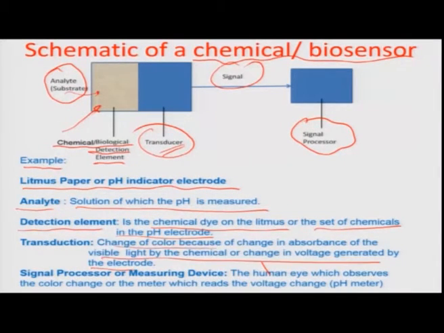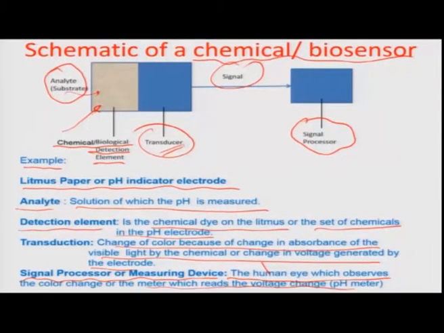Either way, this is caused by the presence of hydrogen ions, which can detect how acidic or how basic a solution is. And then the signal processor, for example in the case of a color change, is your brain, which records the color change. You are able to see the color change through your eyes. And if I look at how my eye functions, it is also a sensor, or how my nose functions, that is also a sensor. I am going to come to that level probably in the next lecture, not in this lecture.